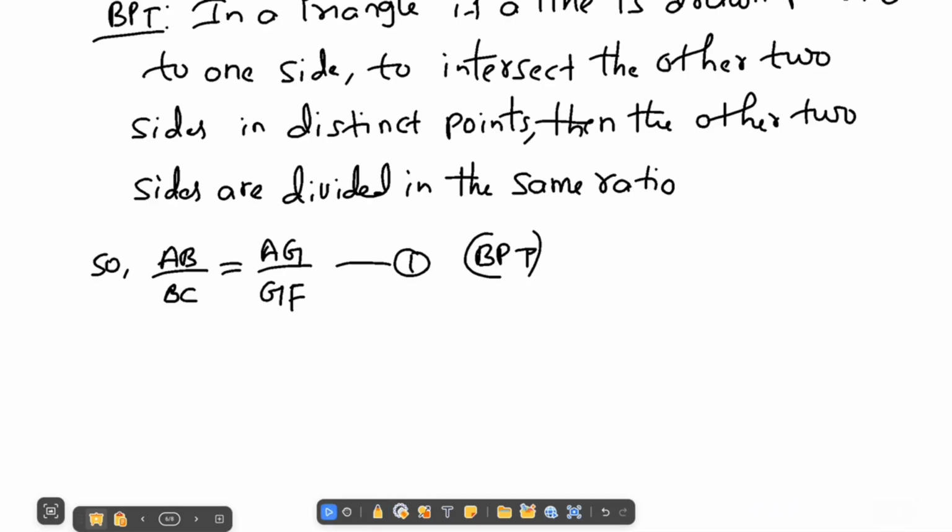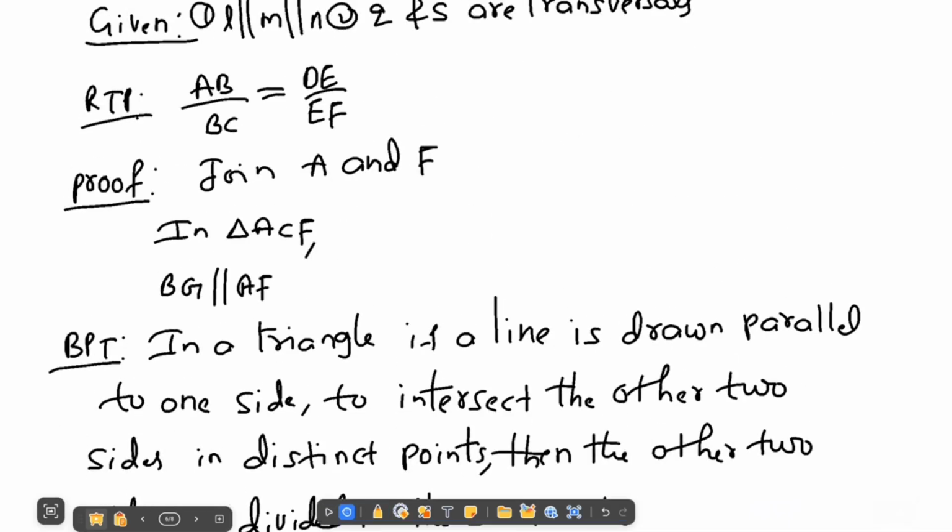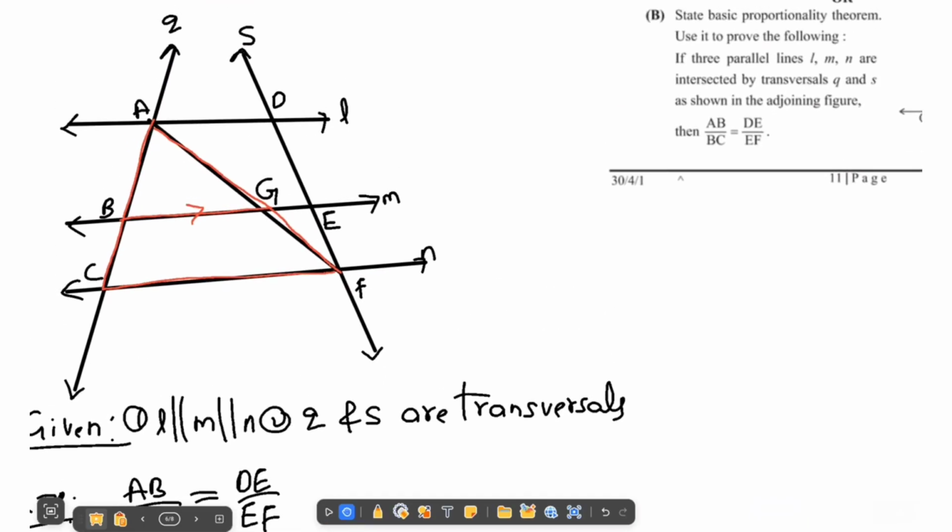Now let's again take the triangle. So what is the triangle that we have to take? Triangle AFD. Let's take the triangle, this one, AFD. So in this AFD, GE is parallel to AD. Why GE is parallel to AD?